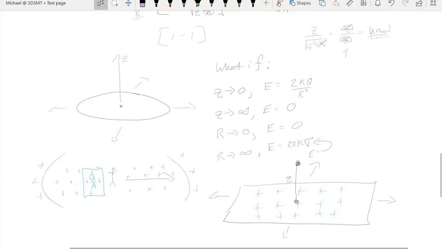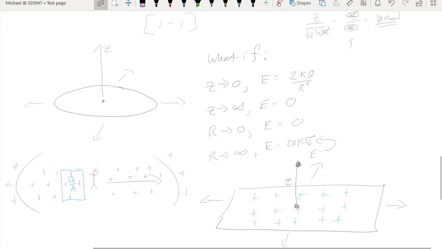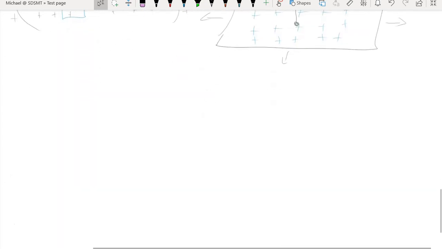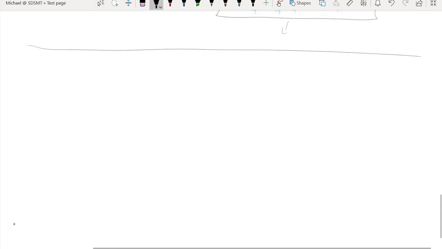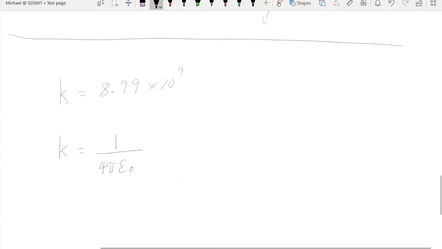Now, it's at this point in the book where our author is going to make a pretty big shift in the notation. We're going to take our k value, which we've been using 8.99 times 10 to the 9 for, and we're going to start replacing k with this expression, 1 over 4 pi epsilon naught.